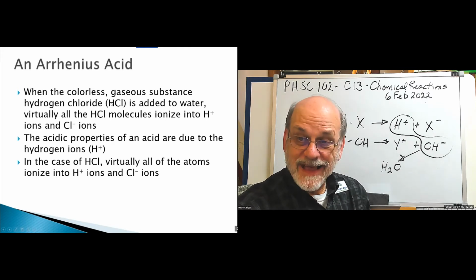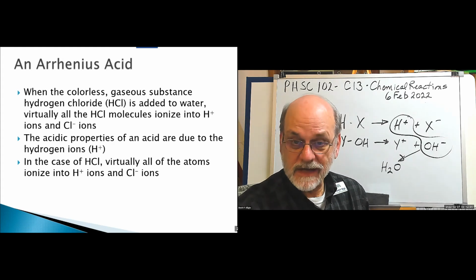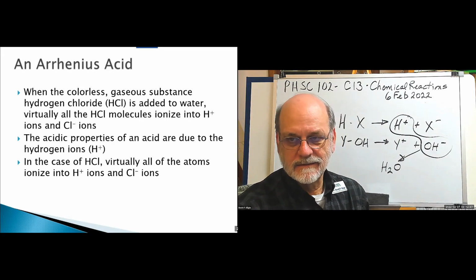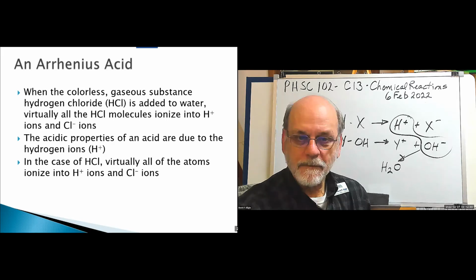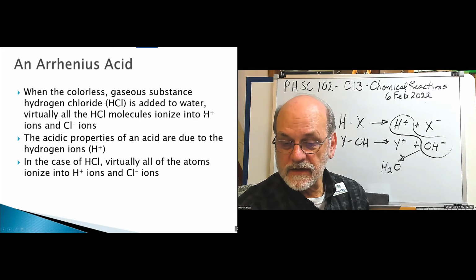Now, HCl is normally a gas. Hydrogen chloride is a gas. But when you dissolve it in water, you get hydrochloric acid. And the reason it's an acid is because it will dissociate. It dissociates into hydrogen ions and chloride ions. And the hydrogen ions give it the acid character.